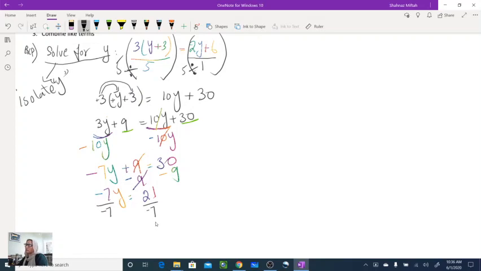The opposite operation is division, I divide both sides, we cancel out, and I got y equal -3. And this -3 is my solution, and this is just one solution, so we call this one solution. And the equation that we call for this is a conditional equation.